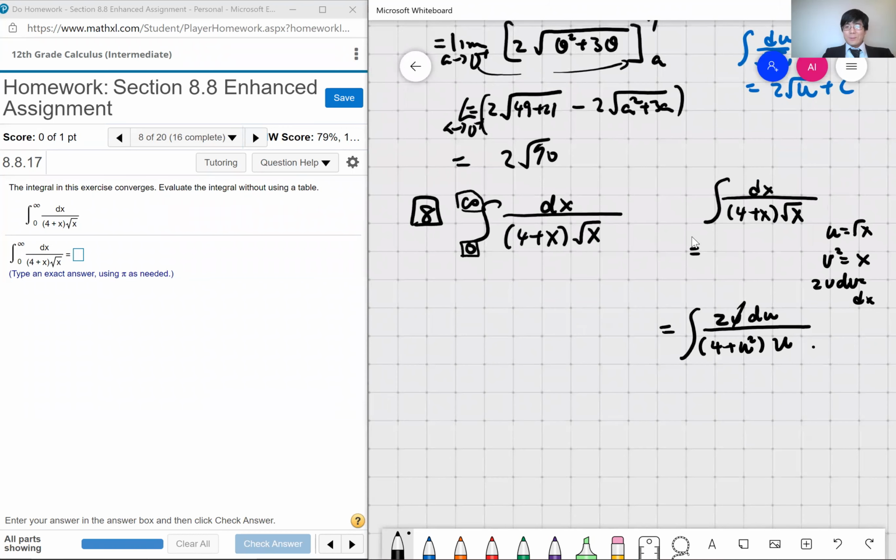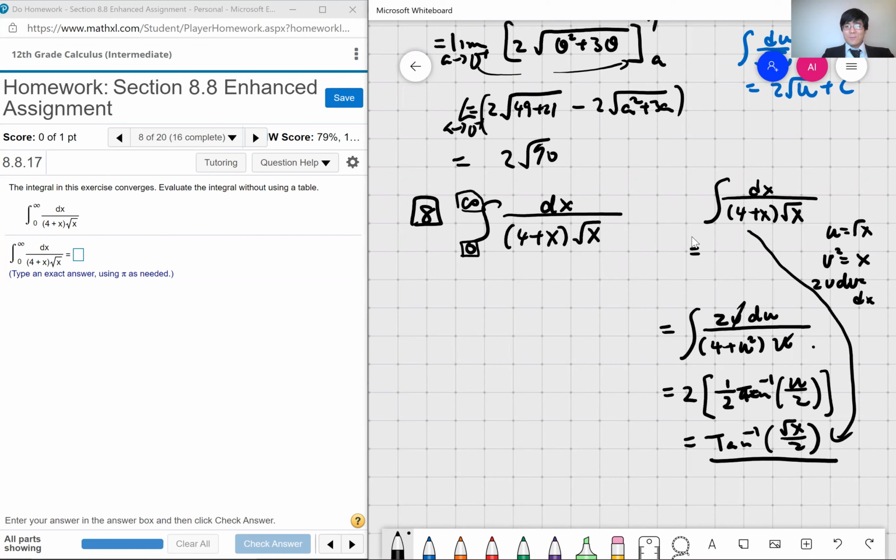After reducing the fraction, this is like an arctangent pattern. So using a formula which we checked previously, it's going to be 1 over 2 arctangent of u over 2 plus c. We don't care about plus c because we are going to do the definite integral later. So this is inverse tangent of u over 2, and u is square root of x. So this is going to be the antiderivative of this function.